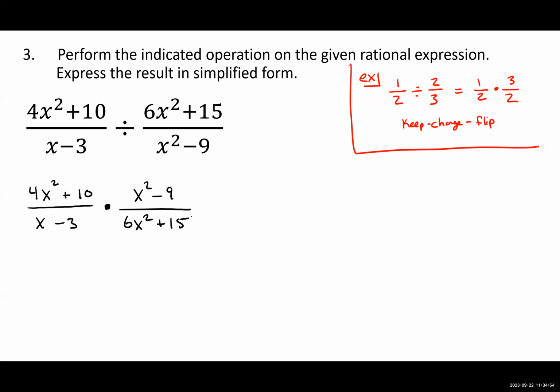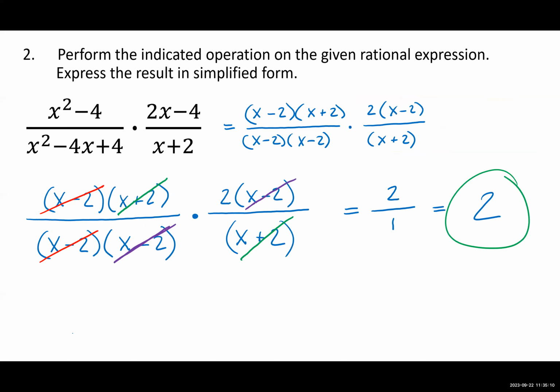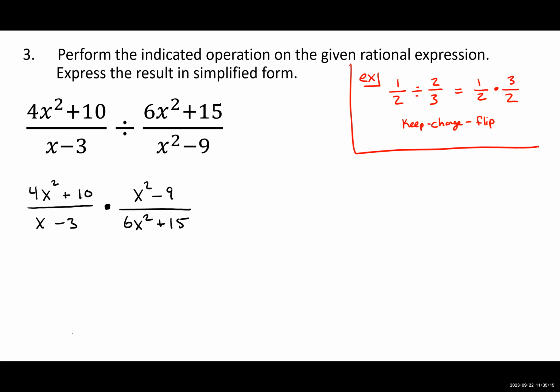Same problem, just different polynomials, but we have a rational expression multiplied by another rational expression. So if we look at number 2 and number 3, they're basically the exact same problem, except number 3 has one additional first step where you flip the second fraction, turn it to multiplication. But from here, we do it the exact same way.